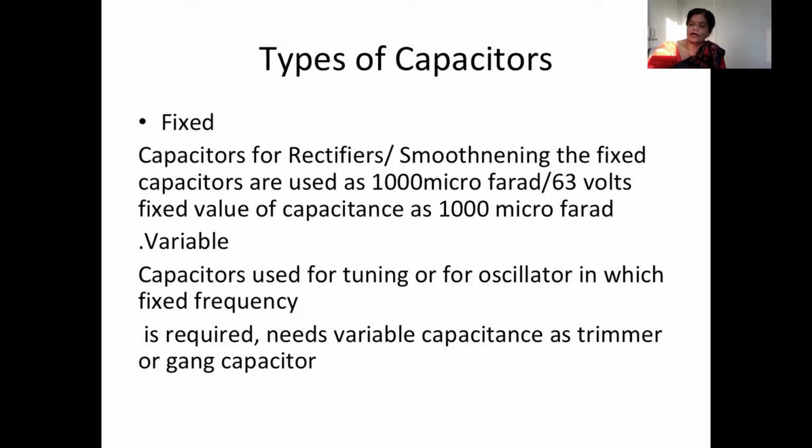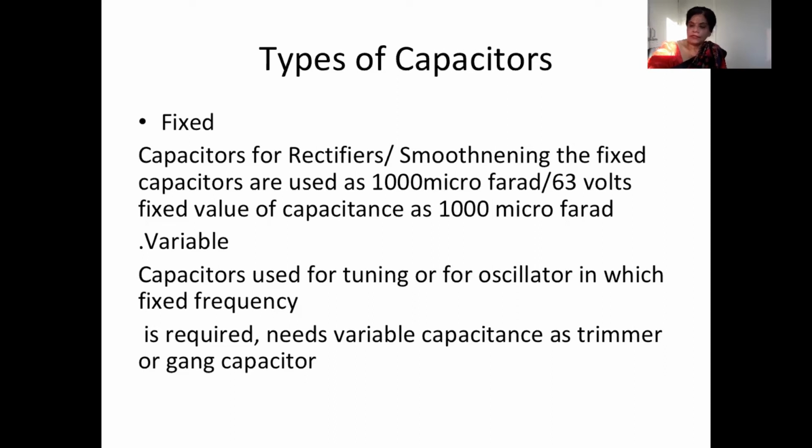Again, types of capacitor according to fixed capacitance and variable capacitance. There are two types of capacitor: one is fixed capacitance, one is variable capacitance. In the fixed capacitor, like 1000 microfarad and 63 volts, that means the capacitance is fixed at 1000 microfarad.